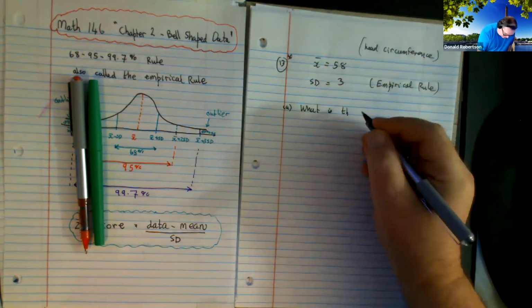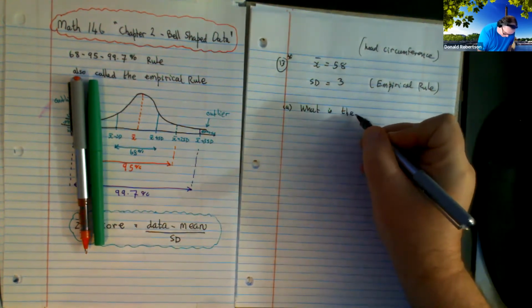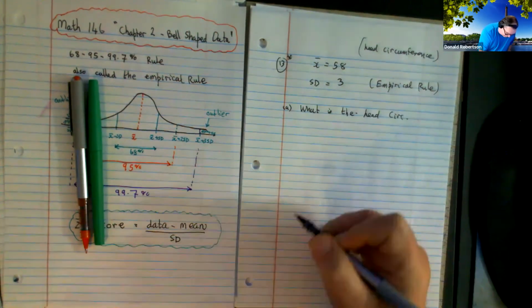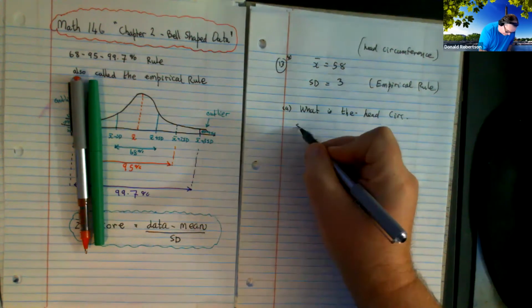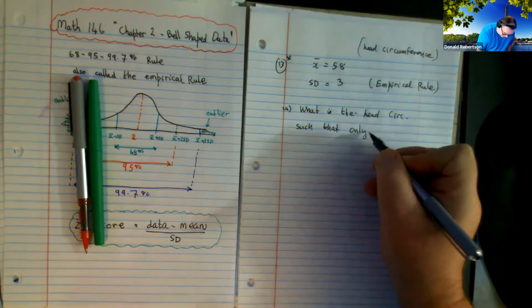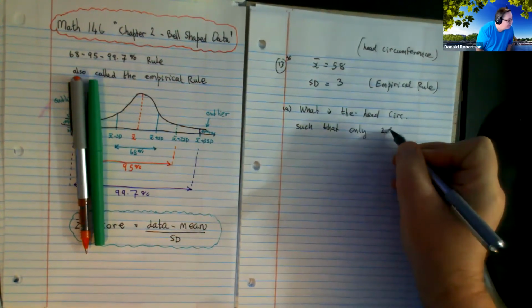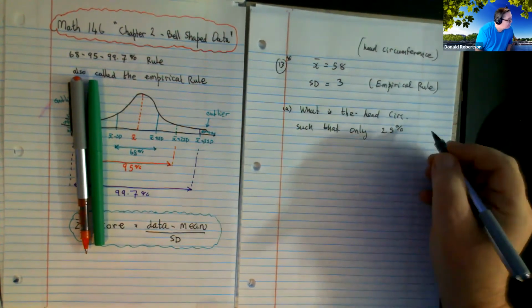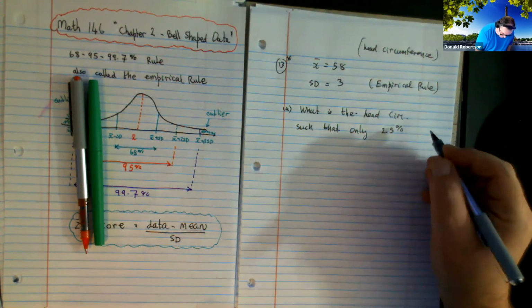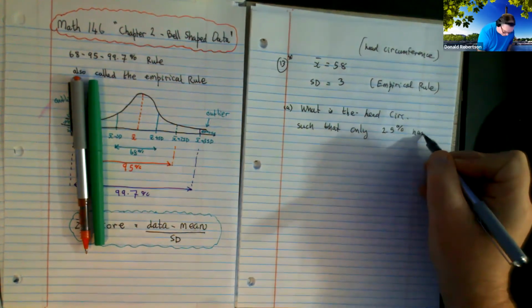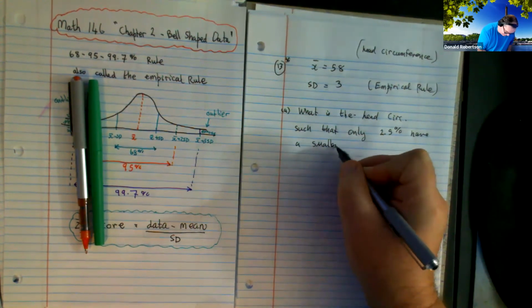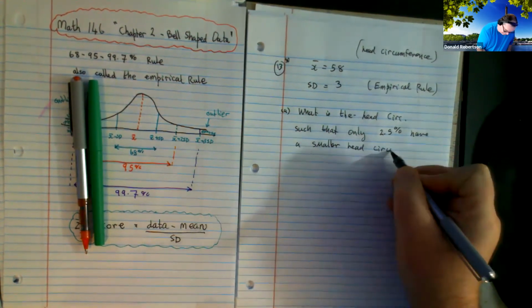So what is the head circumference such that only 2.5% of men, because this is male men, 2.5% of adult men have a smaller head circumference?